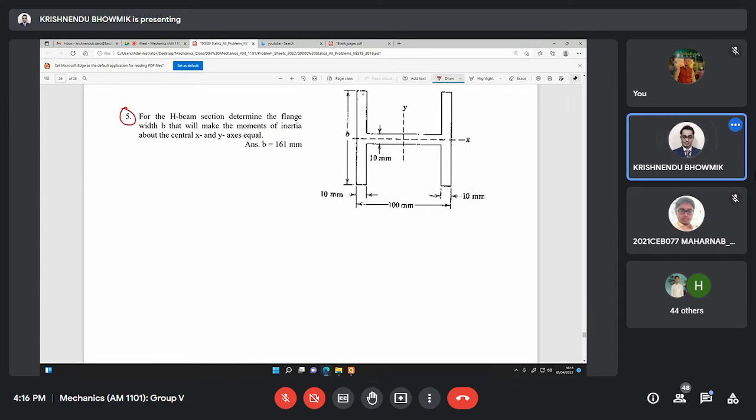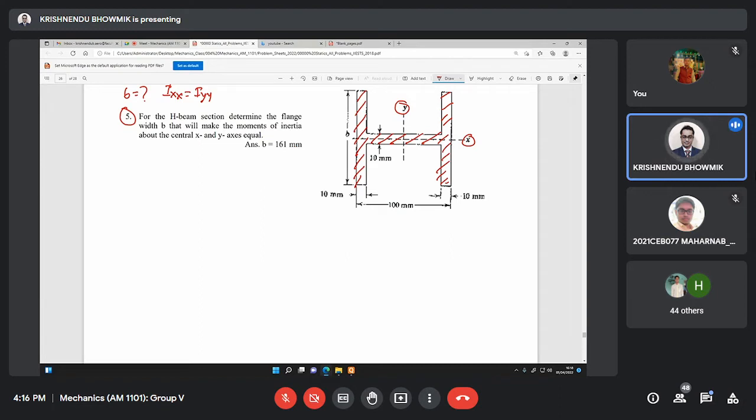So this is the H beam, looks like the shape of the capital H. Determine the planes with B that will make the moment of inertia about the x-axis and about the y-axis the same. Where this is the x-axis, this is the y-axis.